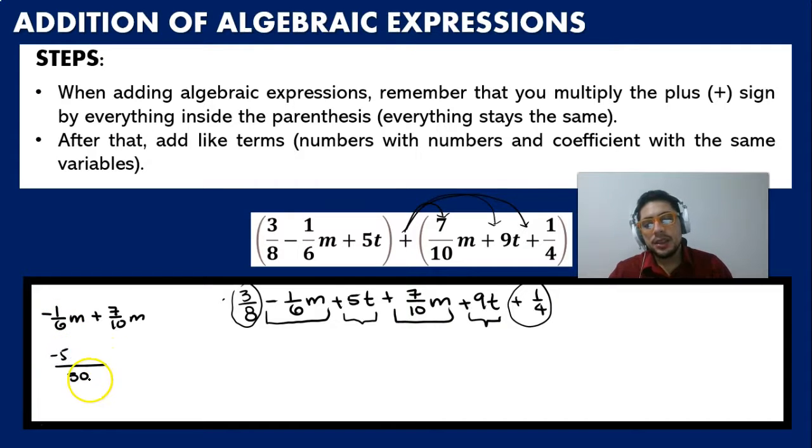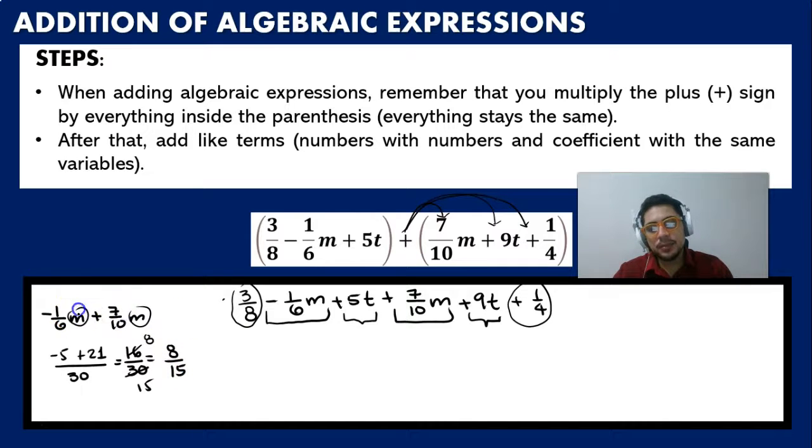And then 30 divided by 10 is 3. 3 times 7 is 21, right? And then minus 5 plus 21 is going to be 16/30. And then we can simplify by 2. And that is going to give us 8/15.